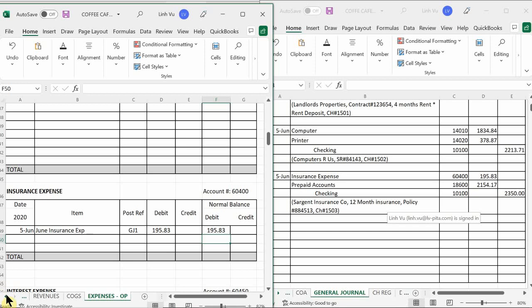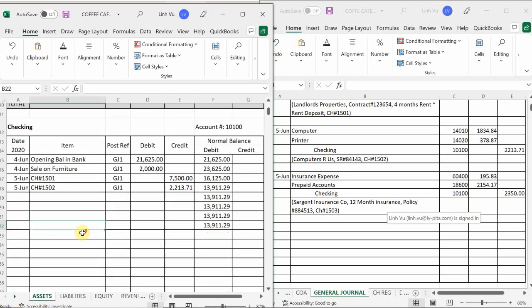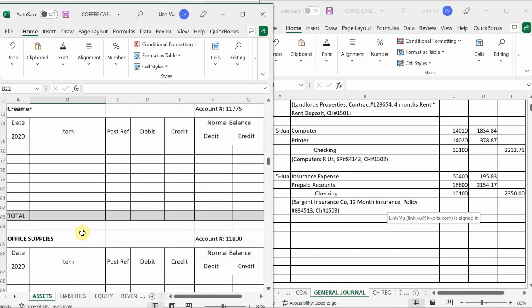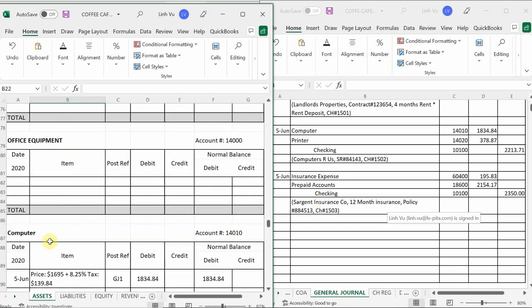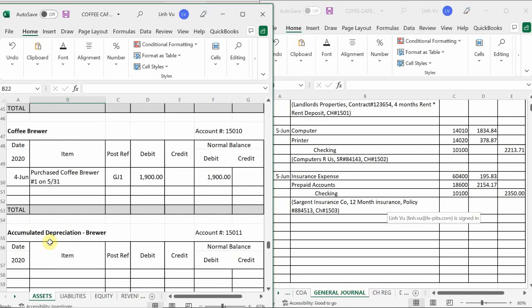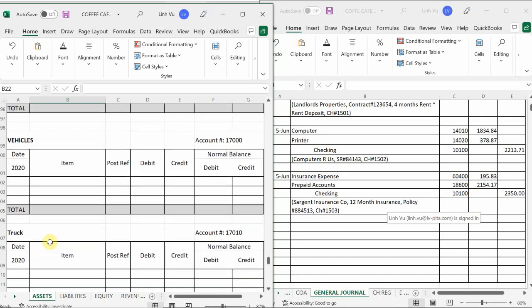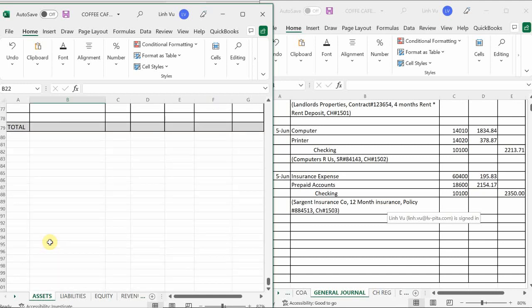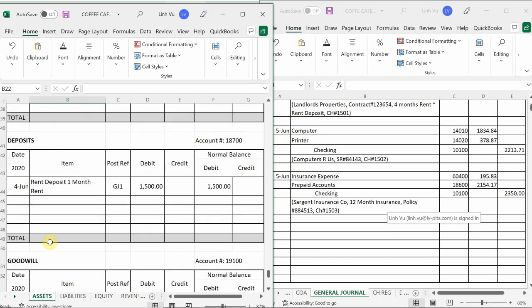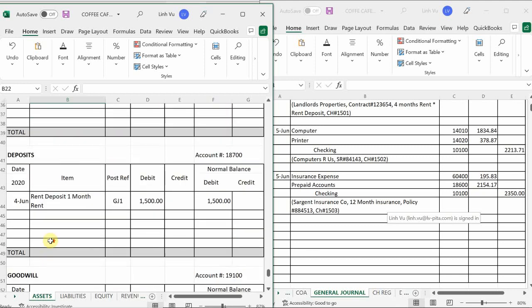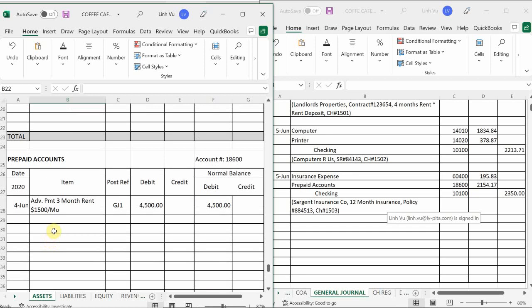Next, we need to go to our prepaid accounts because we're going to go in order in our journal. So I just finished my insurance expense. So the next one I have on the list is my prepaid insurance. Okay, here it is. Prepaid accounts.